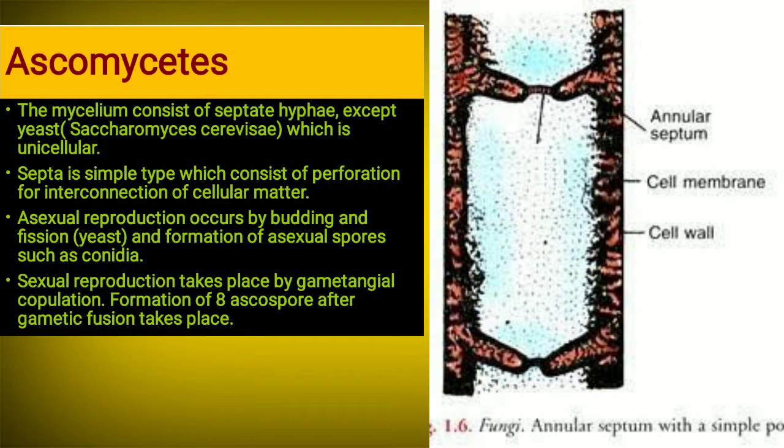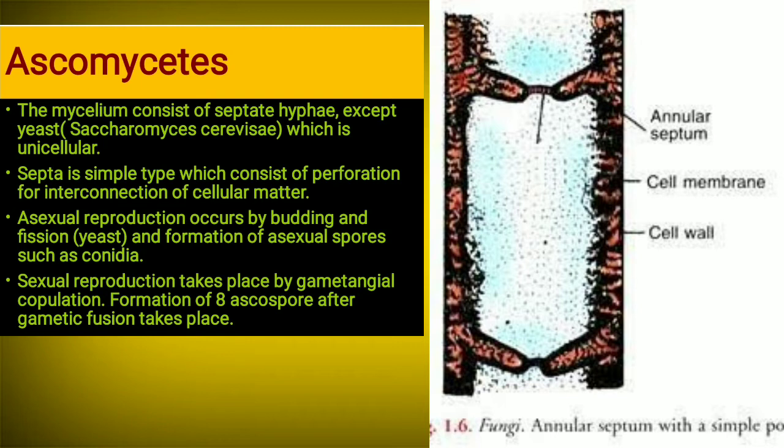So that we have already discussed, that male gametangia and female gametangia fuse with each other and form a special spore which is called ascospore. The ascospores are haploid spores formed by the gametic fusion, and it results in a cell which is called the ascus mother cell.